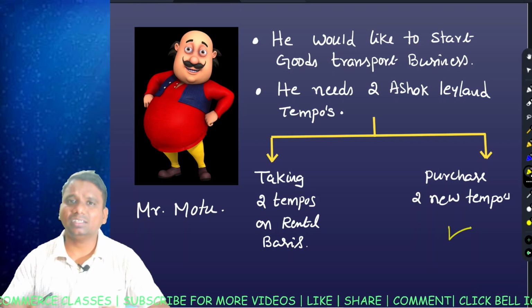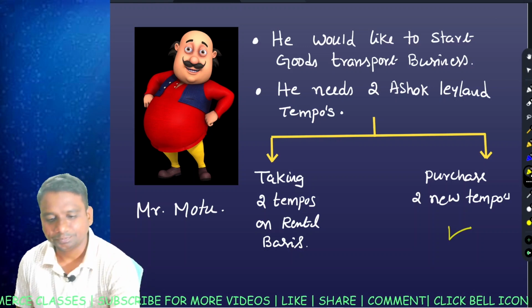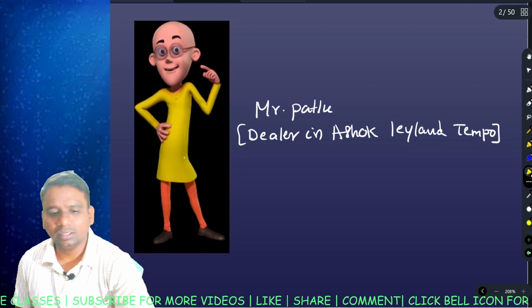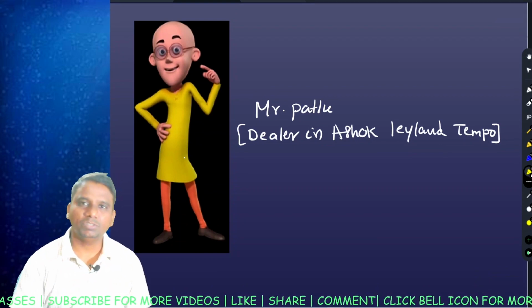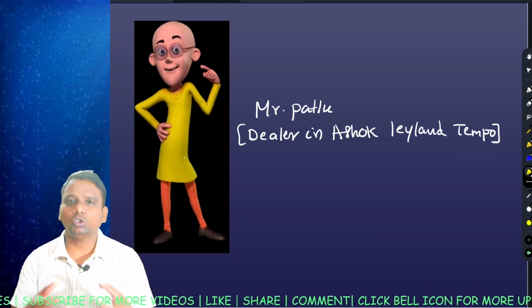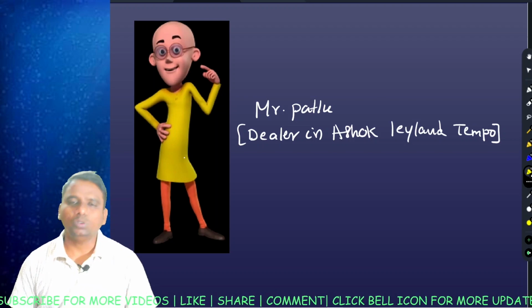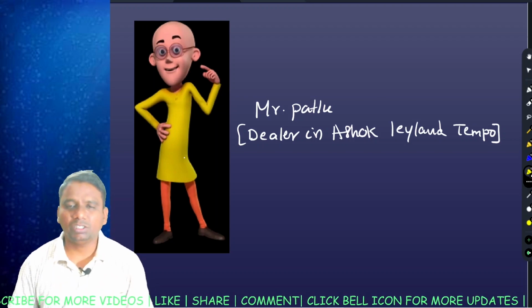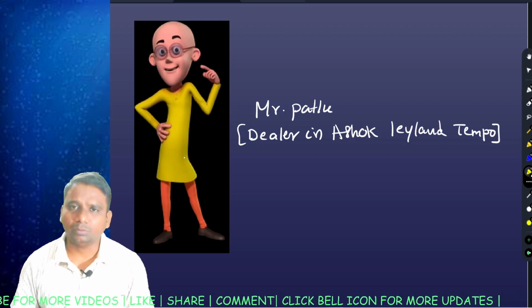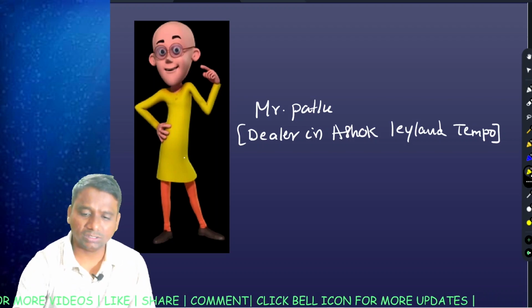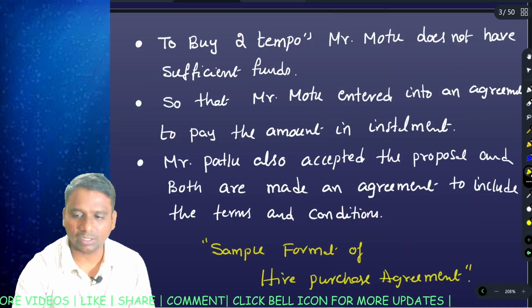For that, he approached the dealer. The dealer is Mr. Patlu. Mr. Patlu is the dealer of Ashok Leyland tempos. Now, there is some conversation between Mr. Motu and Mr. Patlu. What is the conversation? We'll try to understand.